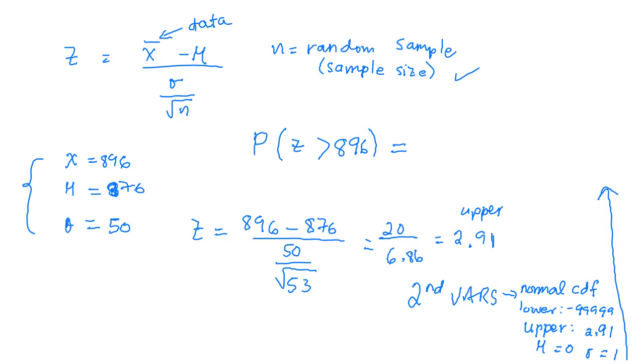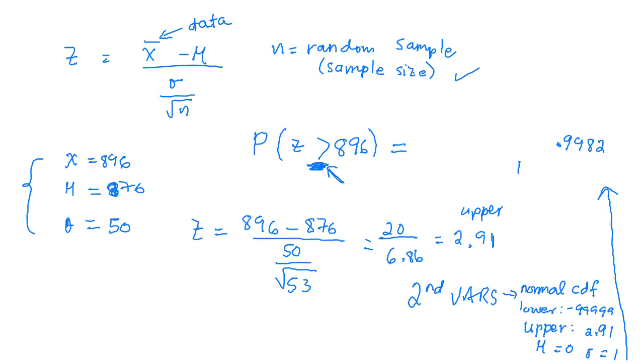So what did we get here? 0.9982. Mhm. Okay, now, so we have this, but since the problem is looking for more than, we're going to use the complement rule.